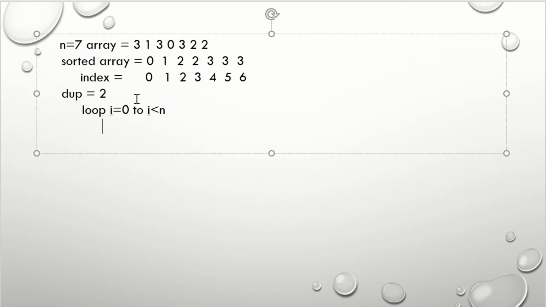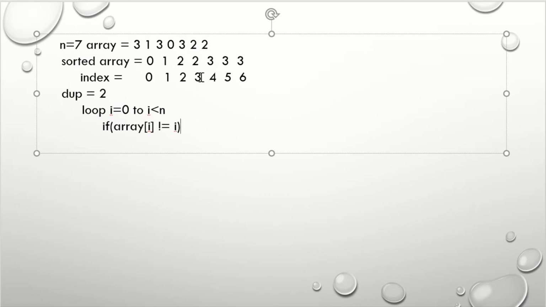In every iteration, we have to check if array of I is not equal to I. When there is a mismatch only, we will check whether it is a duplication or not, so that we can store it.